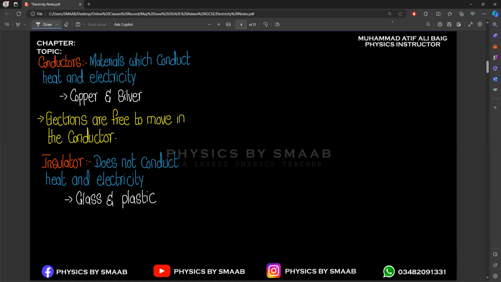They don't have free moving electrons. Yes, this is the problem in insulators, that electrons are not able to move freely, but they can easily vibrate about their fixed position, just like the solids, right? In solids, atoms are able to vibrate about their fixed position.